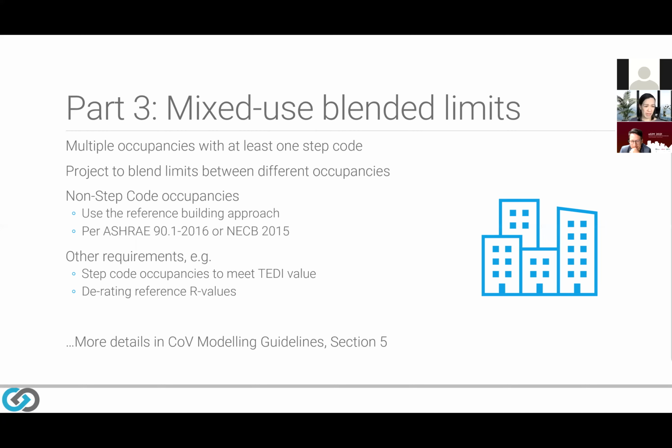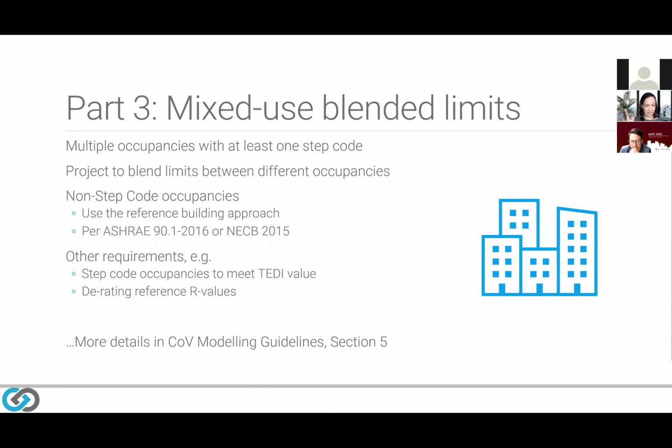It gets further complicated though when we have non-step code occupancies. If you have a warehouse building, let's say, which doesn't have a step code requirement, it wasn't in that original application list of major occupancies. And if you have a warehouse building with, say, an office component, and the office does have step code, then you need to do a little bit of modeling under both scenarios.